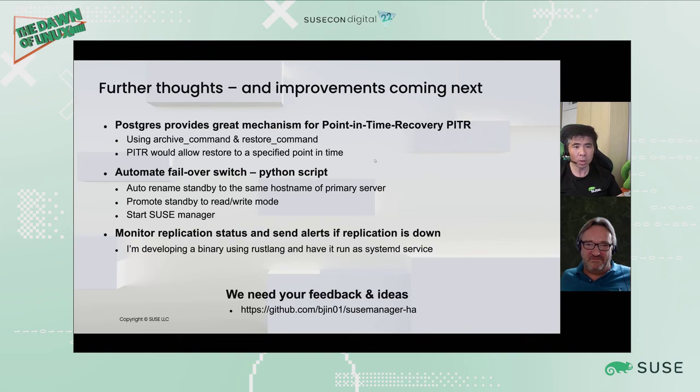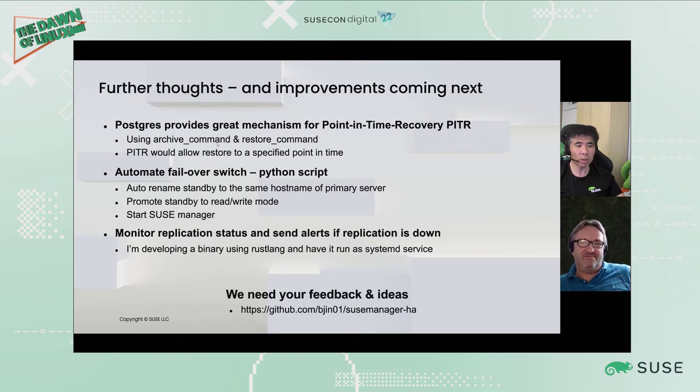Yeah. So let's say we did really some big mistakes in the database. We deleted some columns and so on. So even replication does not help because we replicated the failure as well. So what we can recover is by using the Postgres built-in point-in-time recovery mechanism. But for using that, we would need additional configuration with the archive command and restore command, right?